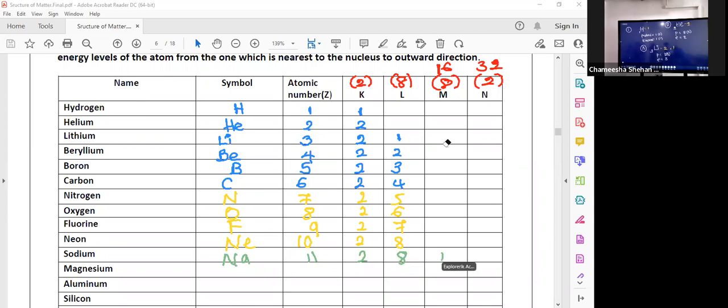Magnesium, Mg, 12th element. There are 12 electrons, 2 8 and 2. Aluminium, capital A, simple l, 13 atomic number, 2 8 3. Silicon, Si, 14th element, that means you have 14 electrons, 2 8 and 4.